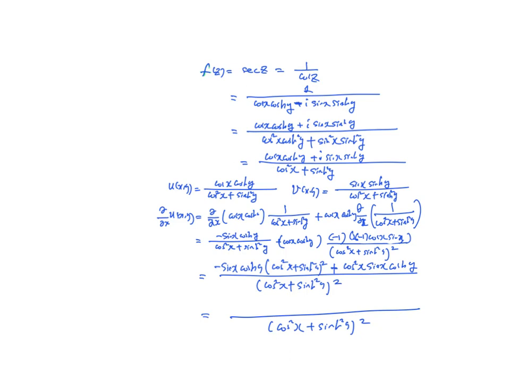So minus sine x cosine square x cosine hyperbolic y minus sine x cosine hyperbolic y sine hyperbolic square y, plus 2 cosine square x sine x cosine hyperbolic y.